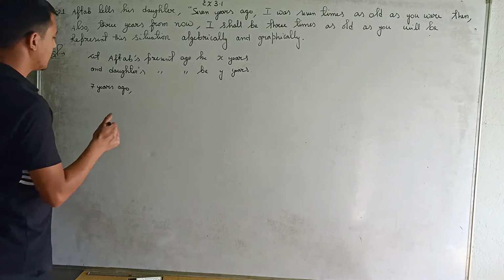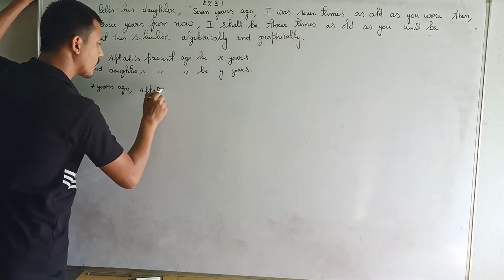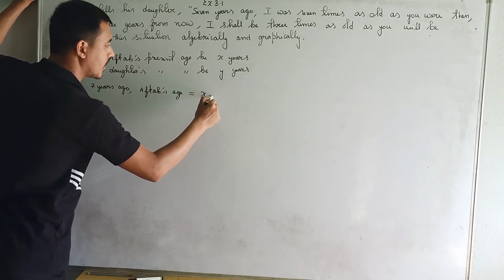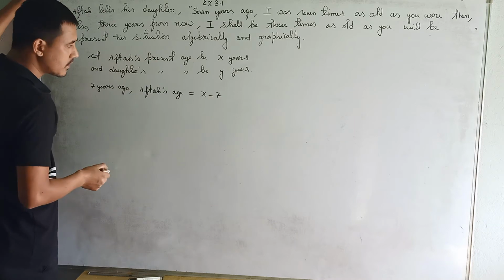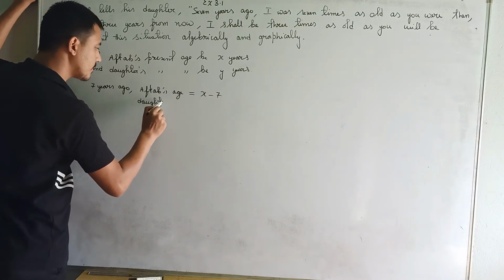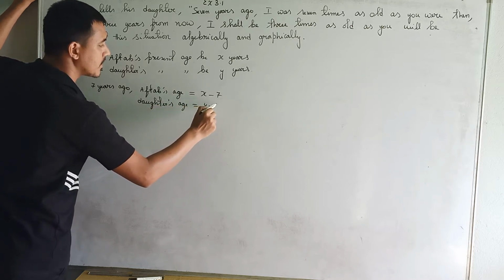So 7 years ago, Aftab's age was x minus 7, and his daughter's age was y minus 7.